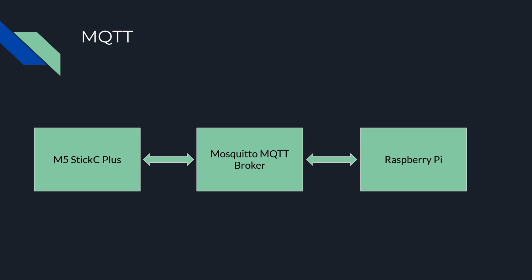The status is used to indicate to the Raspberry Pi whether the Stick C is still connected to the MQTT broker, as when it disconnects, the broker, which has received the last will from the M5 Stick C Plus, will declare that it is no longer online and update the Raspberry Pi server so that the server can keep track of the number of students who are currently connected to the system.